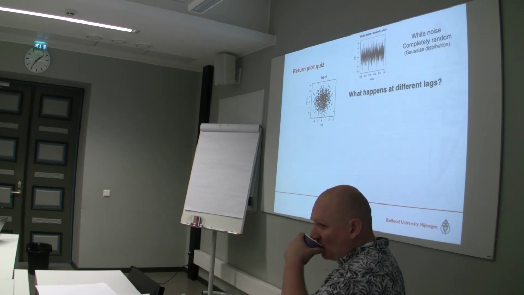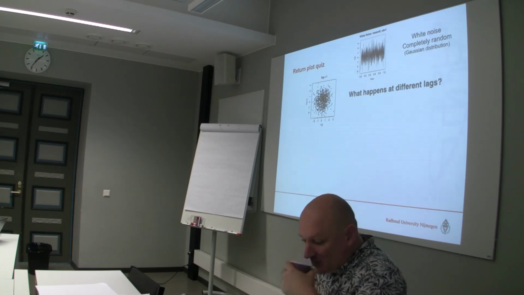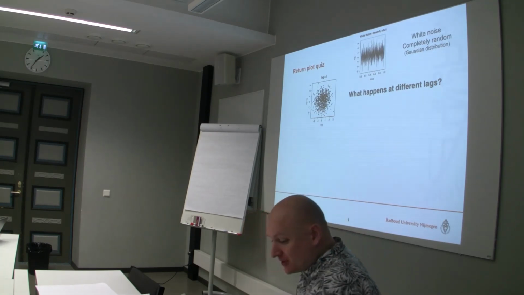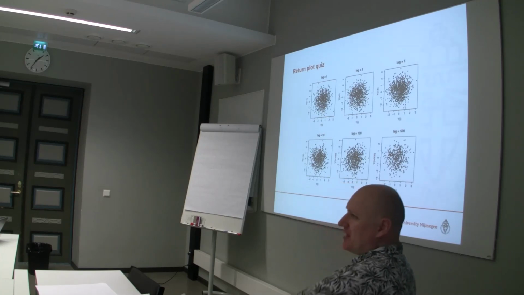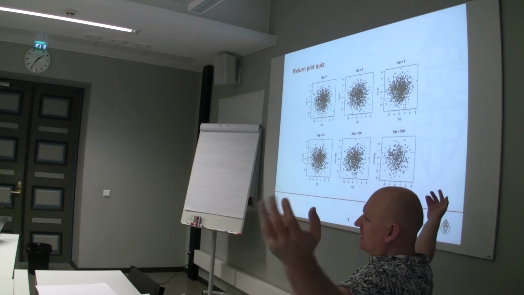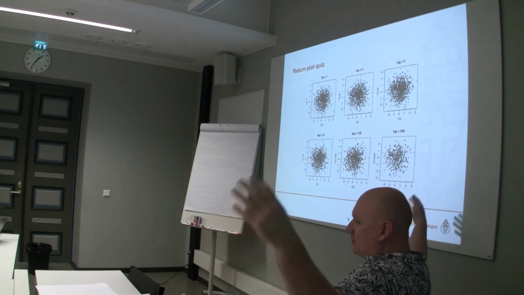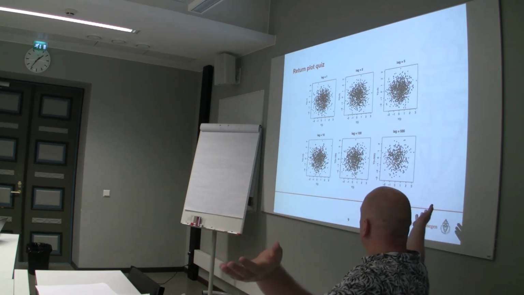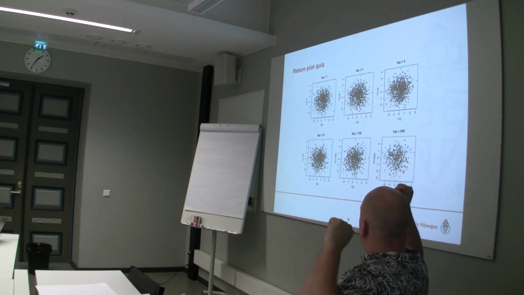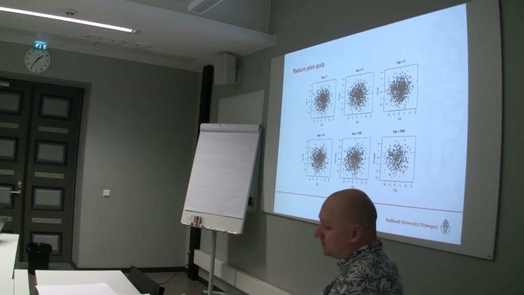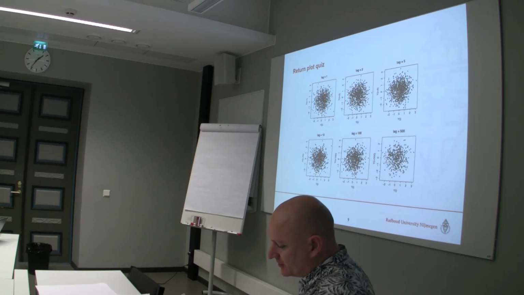It doesn't change. I would also expect nothing to change. It doesn't matter at what scale we observe this random process, it will always be a random process. Lag 500, you get fewer data points maybe, but it should always be this random structure.